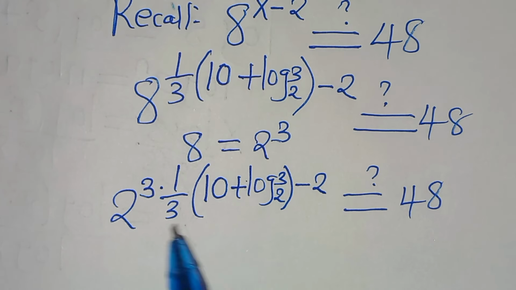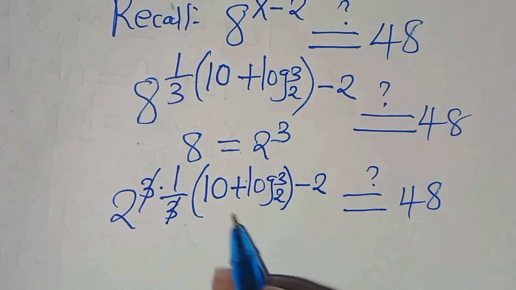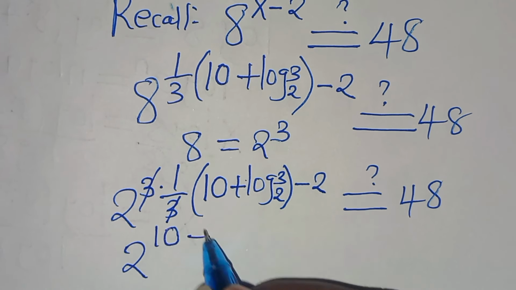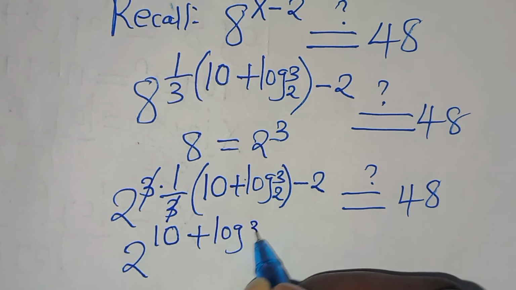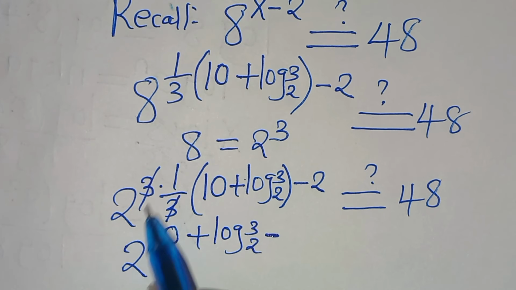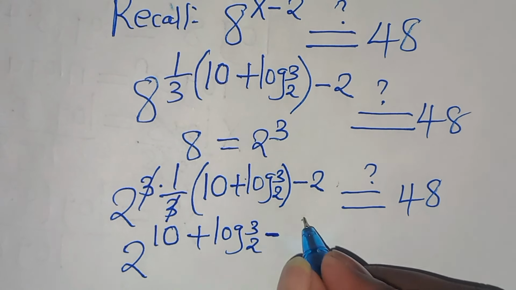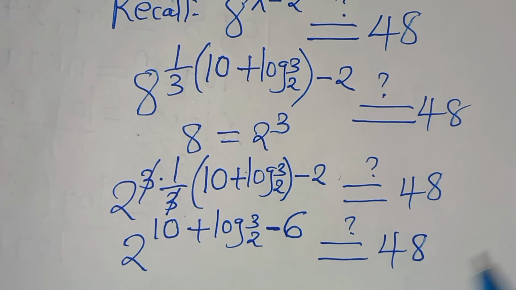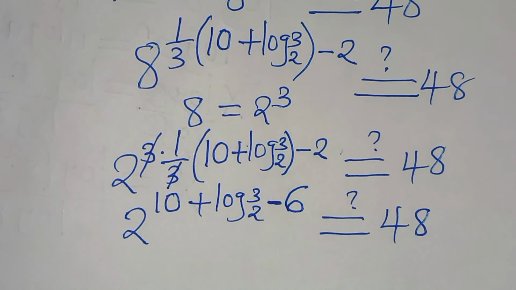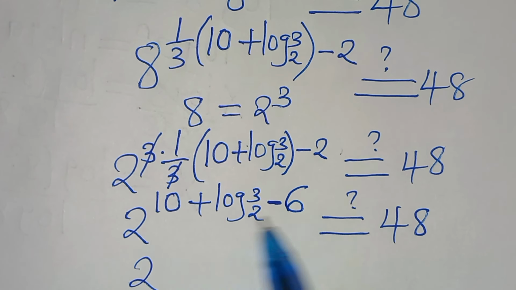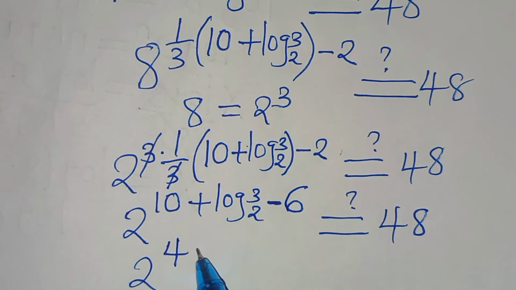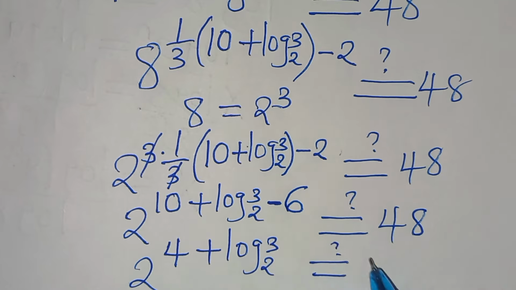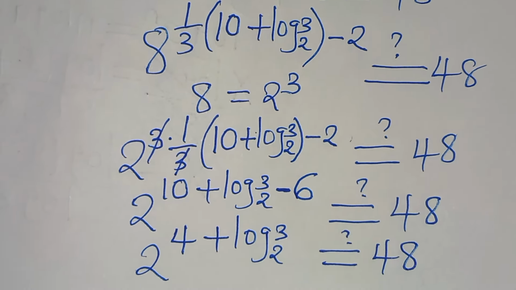Now we can simplify here. 3 and 3 simplify, so we have 2 to the power of 10 plus log 3 to base 2, then minus, now 3 times 2, this is minus 6. Now we have 2 to the power of 10 minus 6, this is 4, then plus log 3 to base 2. This is supposed to give us a value of 48.